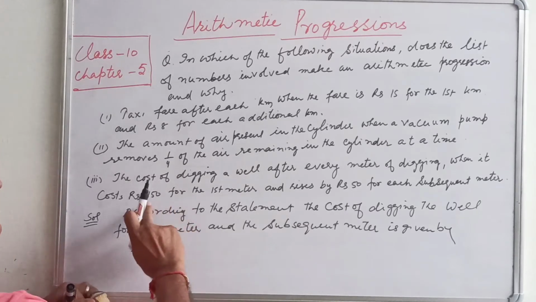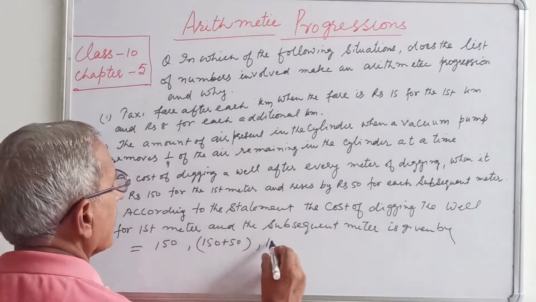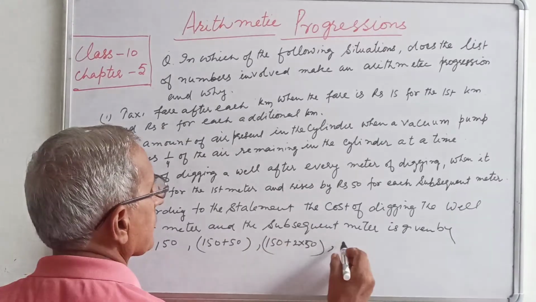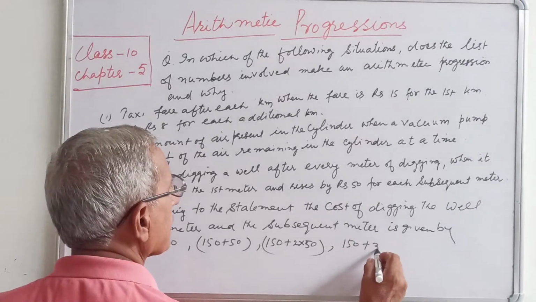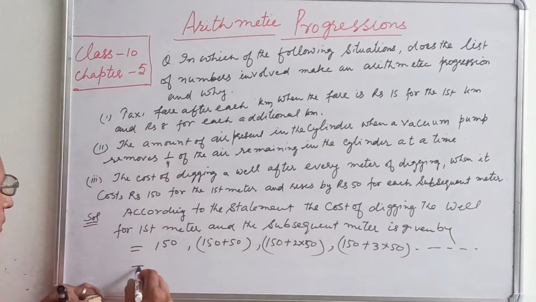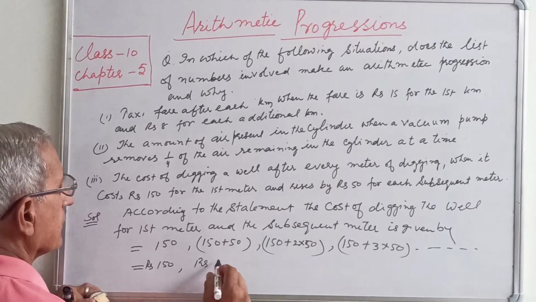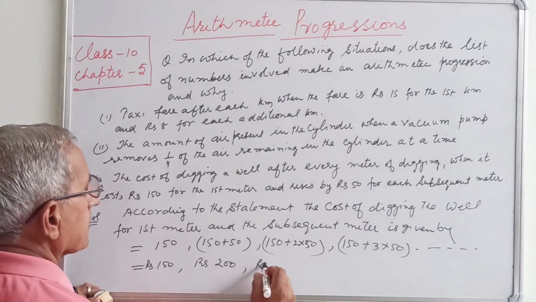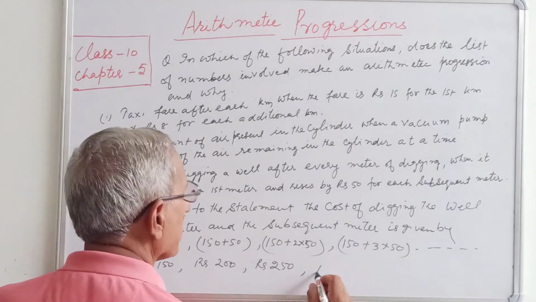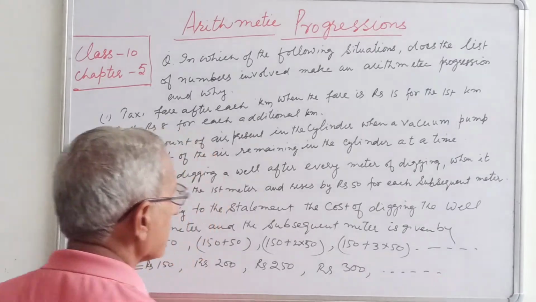150, 150 plus 50, 150 plus 2 into 50, rupees 150 plus 3 into 50, and so on. So that is rupees 150, rupees 200, rupees 250, rupees 300, and so on.